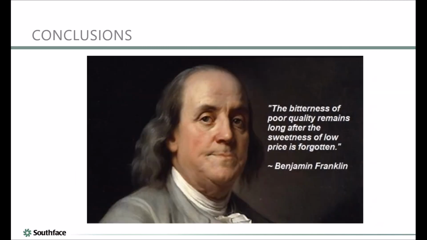Our friend Ben Franklin says, you might save a little bit of money in the short term, but in the long term, you really regret the decision, and the bitterness of poor quality remains long after the sweetness of low price is forgotten. So again, any concluding remarks?